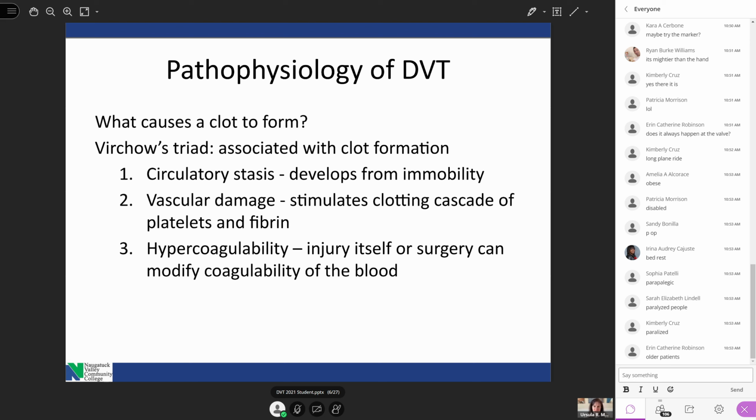What conditions cause a person to be in a state of hypercoagulability? Does anybody know? Orthopedic surgery, pregnancy, absolutely. Chemotherapy, cancer, absolutely. Atrial fibrillation, birth control, fantastic. All these things put you in that situation.